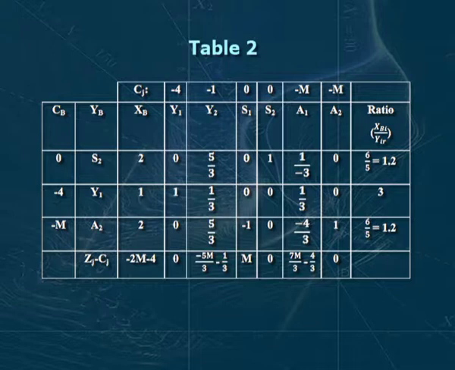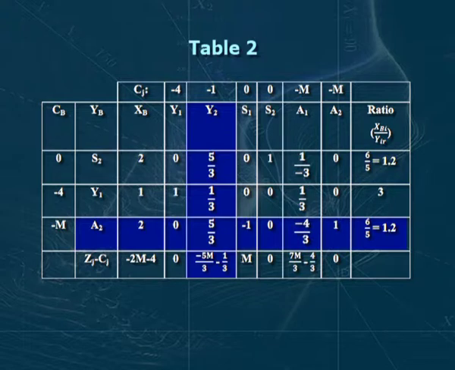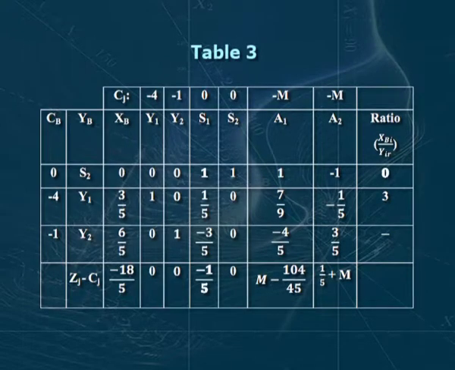Here Zj minus Cj is most negative for the y2 column, and the minimum ratio is for the first row as well as the third row. We choose randomly one row, and let us consider the third row as the pivotal row. That is, A2 will leave the basis and y2 will enter the basis, and we prepare table 3 by calculating the new pivotal row and new other rows in a similar way.